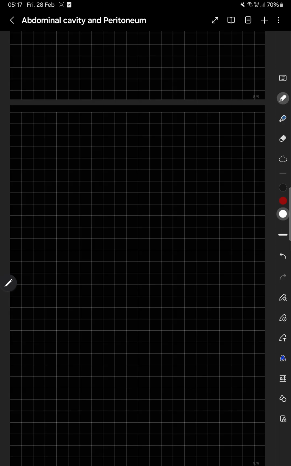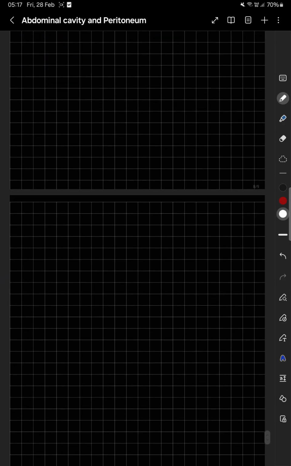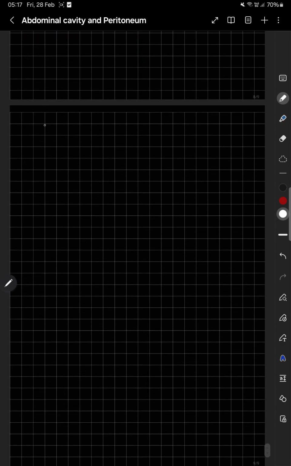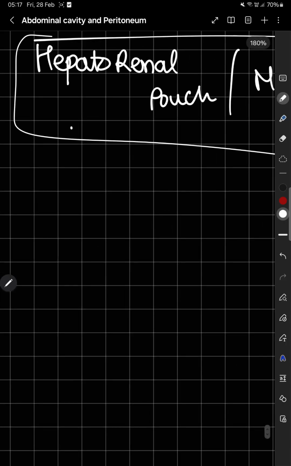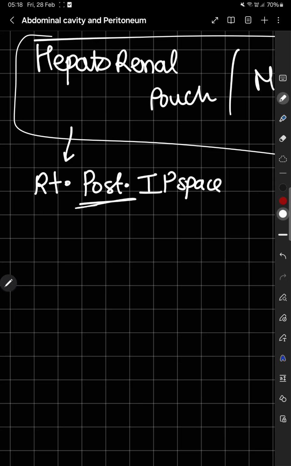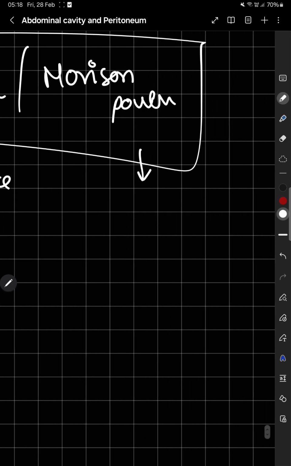Since we have completed our lesser omentum and greater omentum, we will be starting with the hepatorenal pouch, which is also known as Morrison pouch. Okay, and this is basically located in the right side posterior in the intraperitoneal space. So it is in the posterior side and right side. So basically, as the name suggests, it is between the posterior inferior surface of liver and kidney.